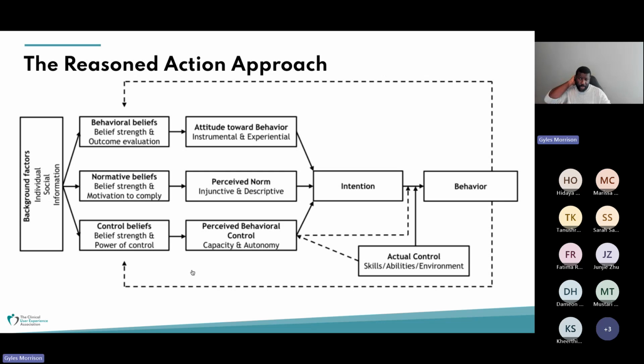So basically, the theory of reasoned action says that a variety of beliefs that you have, beliefs of the behavior that you can have, the beliefs that other people have, like what's the normal beliefs people have, and the control that you think you have over the behavior can all lead to whether the behavior happens or not. So, for example, what's your belief of having 5 fruit or veg a day?